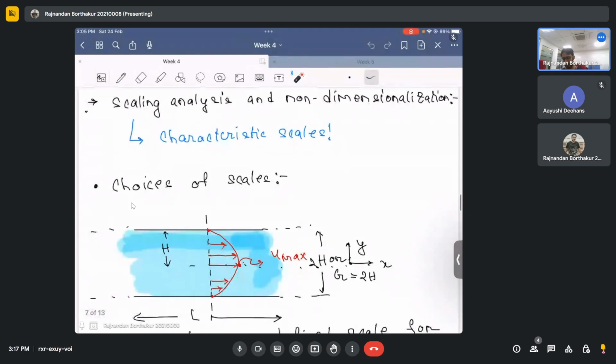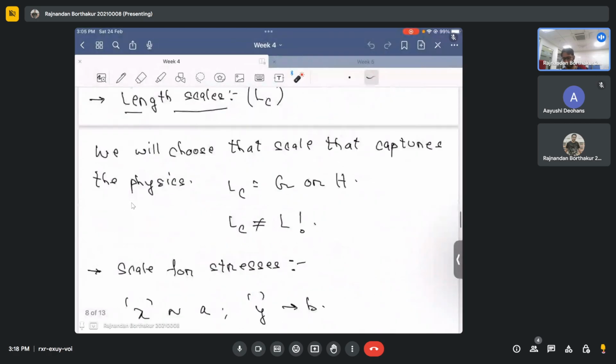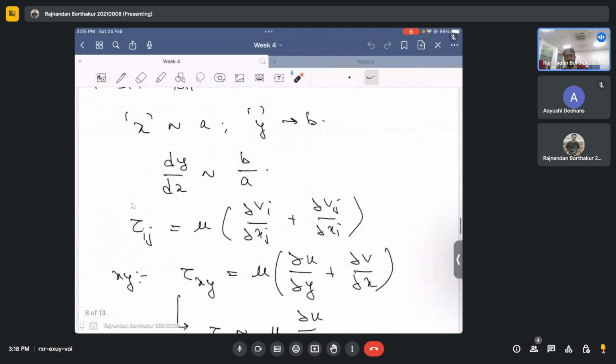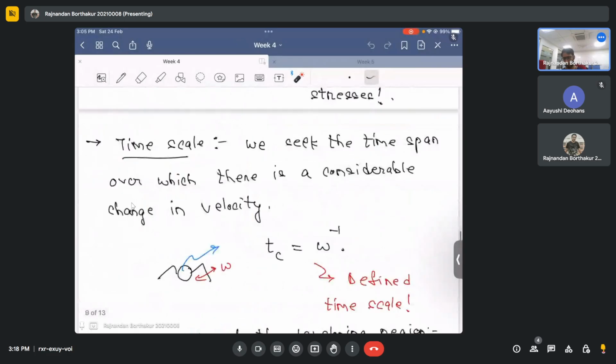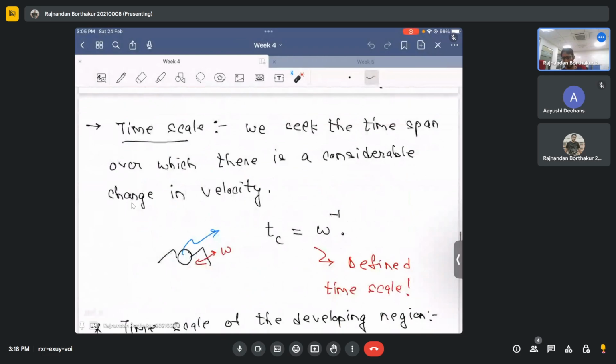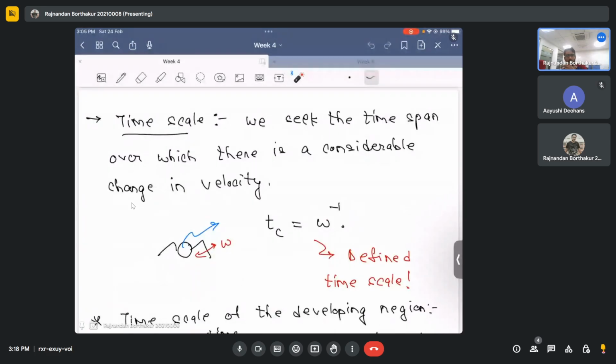For instance, we saw the characteristic velocity scale, the characteristic length scale of a problem, how we choose the characteristic scale for viscous stresses, and then we defined the characteristic time. If we have defined a particular time for a problem in which there is an appreciable change in the velocity, then we have our own inherent time.